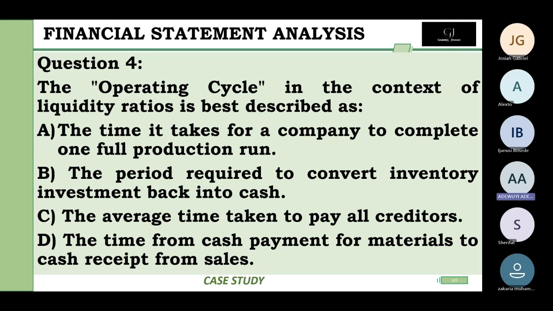I'm actually trying to look at B. Okay, I would say D. Okay, AA is going for B. All right, AT, IB, and SH. Okay, IB is going for A. So SH, what are you going for? I'm going for A, sir. Okay, SH is going for A.